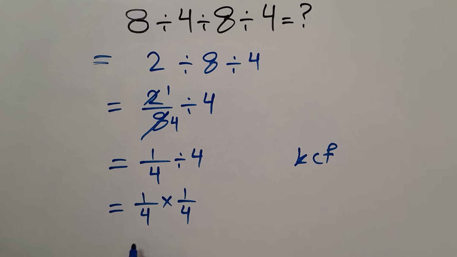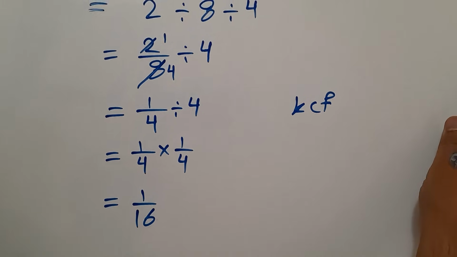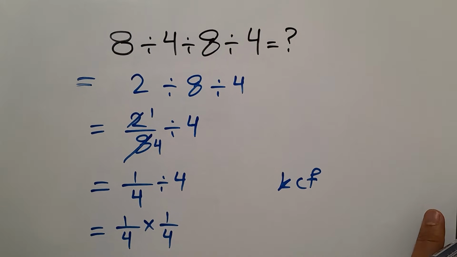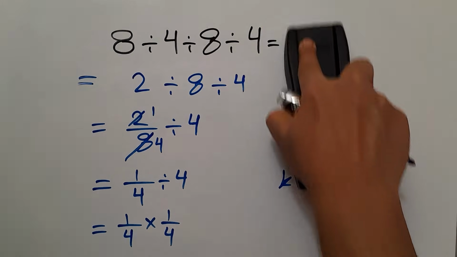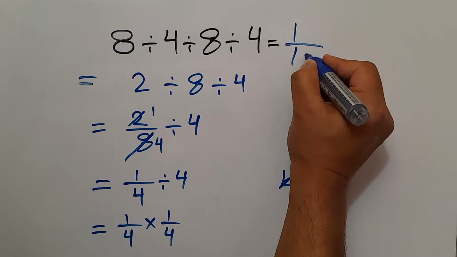And this is equal to 1 over 4 times 4 equals 16. So our final answer to this problem is 1 over 16.